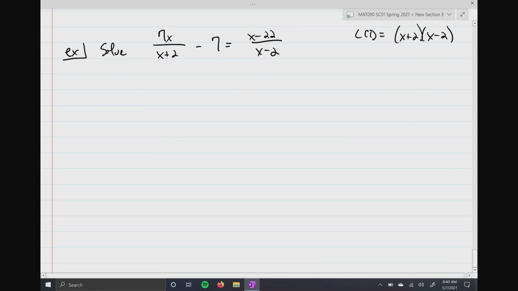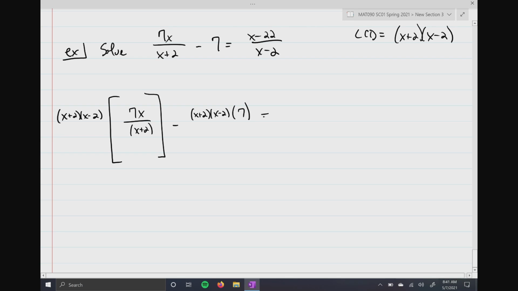So I'm going to go ahead and multiply every single term by my LCD. All right. So just give me a second here and I'm going to write it out. x plus 2, x minus 2 times 7x over x plus 2, minus x plus 2, x minus 2 times 7, equals x plus 2, x minus 2 times x minus 22 over x minus 2.